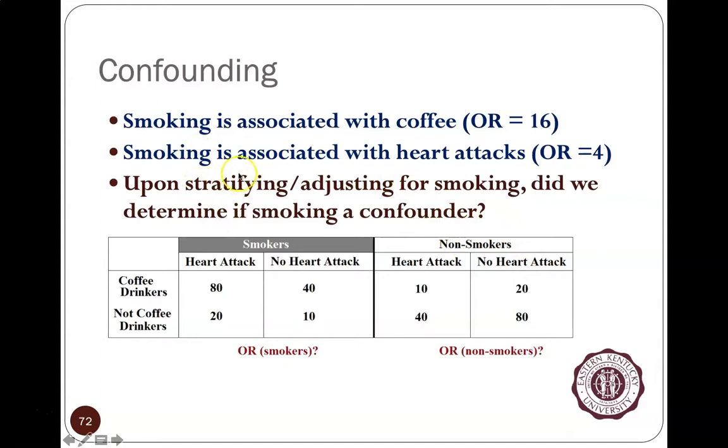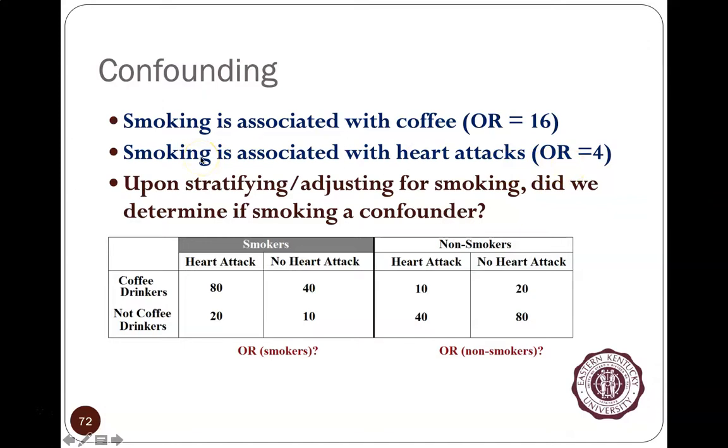In fact, if you were to stratify it all kinds of different ways, I'm not going to have you do that in here, but if you were to take those numbers and re-stratify them, you would find that the odds ratio for smoking and coffee is 16-fold. So those two exposures are highly related in this little sample. And smoking was actually associated with heart attacks, a 4-fold increased odds of heart attacks among the smokers.